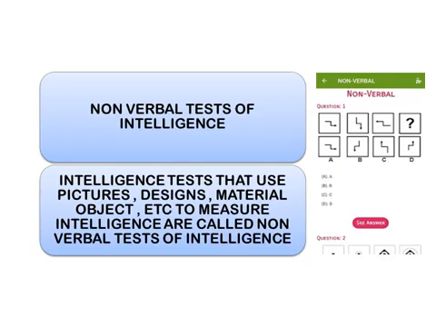Koh's block design tests, block building tests, Dr. Bhatia are non-verbal tests based on performance, whereas Progressive Matrices, Raven's Colored Matrices are some of the examples of paper-pencil tests.